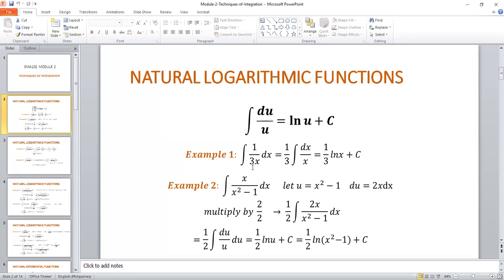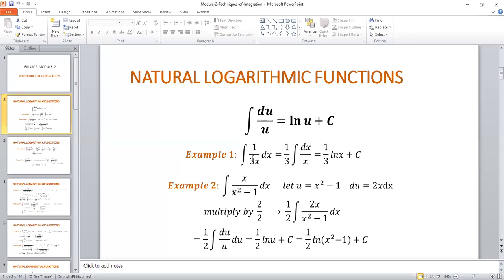So in the first example, the first thing that you did here is make use of the primary rule of integration, the fundamentals, and that is whenever you have a constant, you write the constant before your integral sign, whenever possible that you can have it factored from your expression, whether your expression is in the numerator or on the denominator.